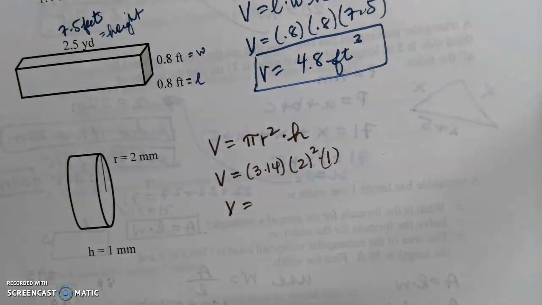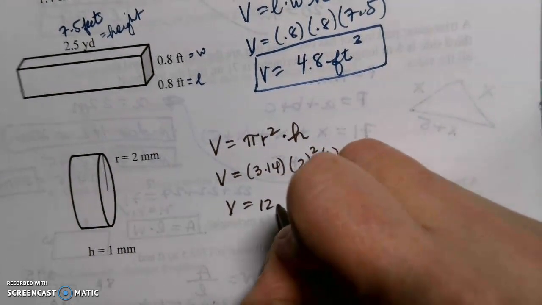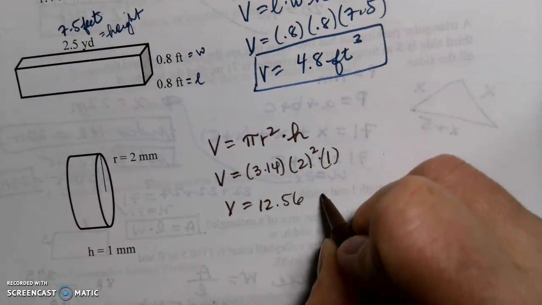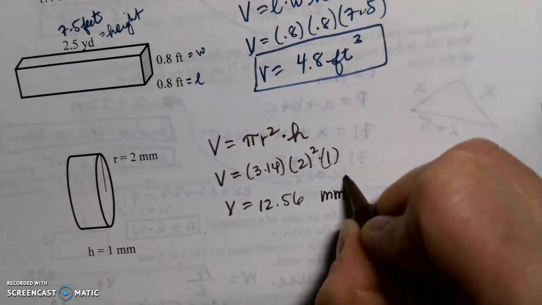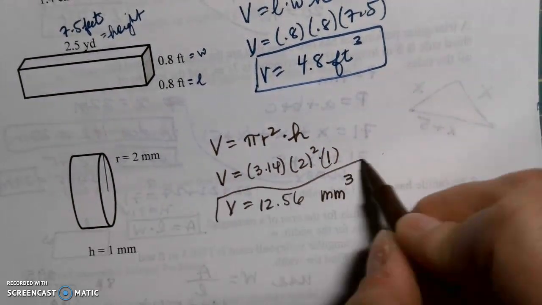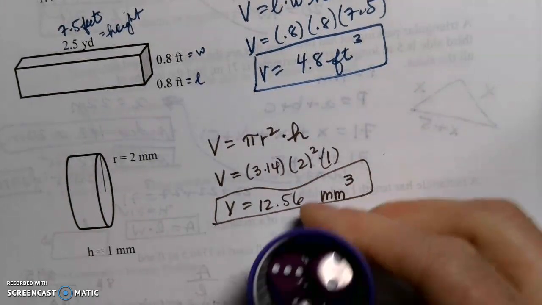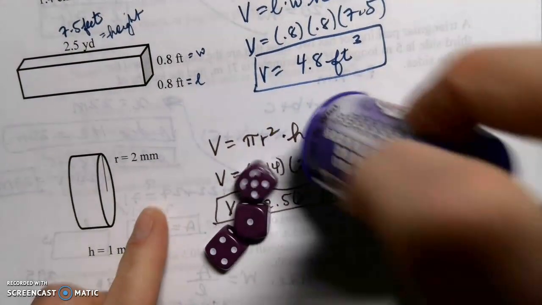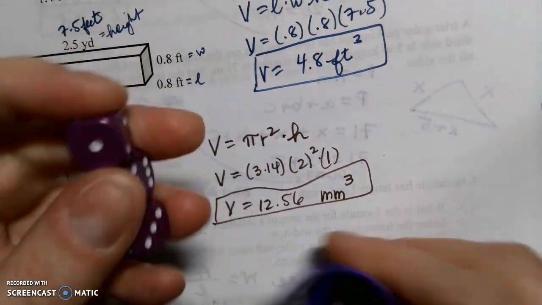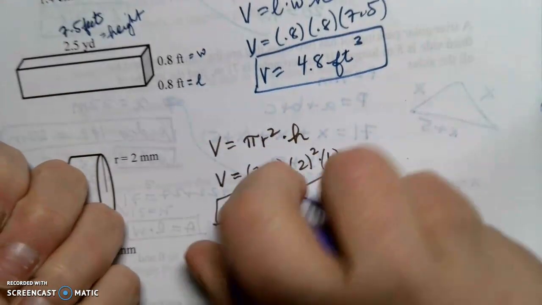And we will get 12.56, and that is millimeters cubed. Again, remembering we're talking about a volume idea. And especially in the case of my little purple canister here, we're going to figure out how many dice does it take to completely fill up this container.